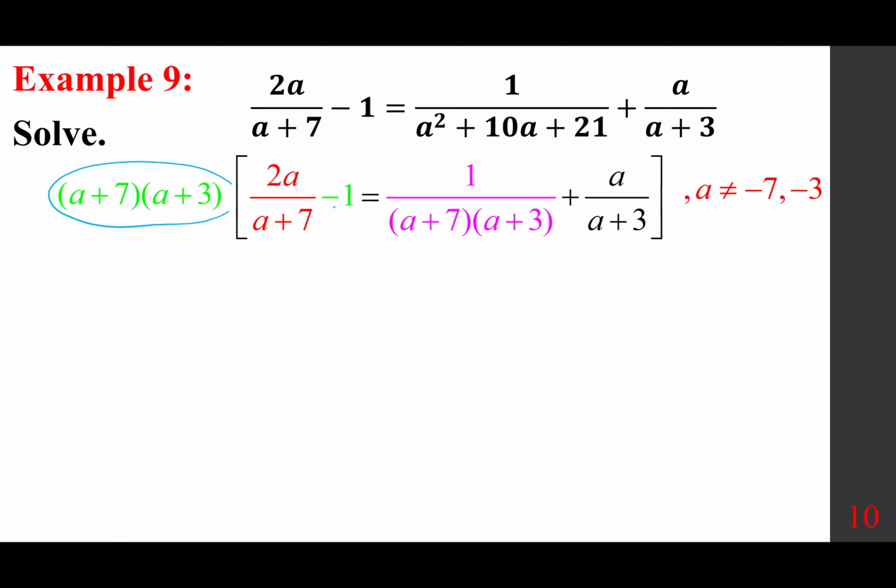What happens when you multiply this guy by this guy? A plus 3 cancels out a plus 3. So you get minus a times a plus 7.